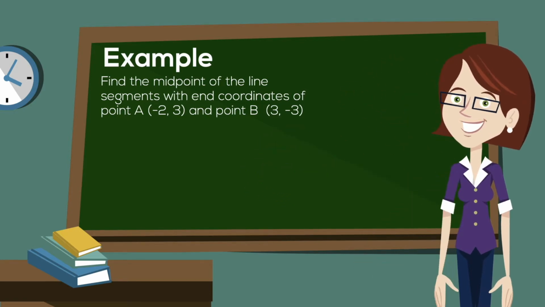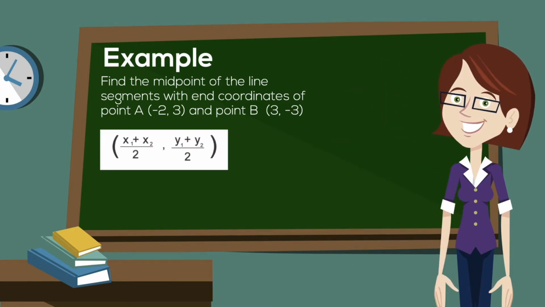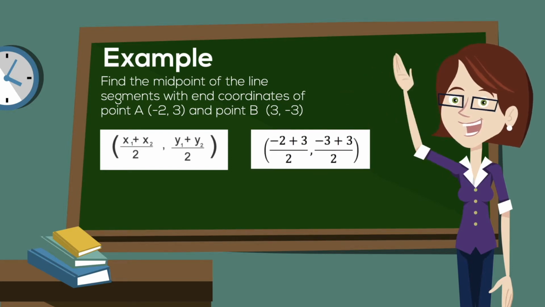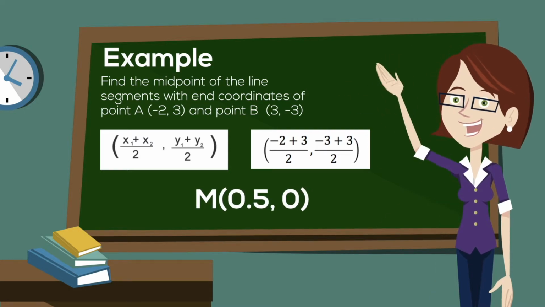Now, let's check the answer. We insert the numbers in this formula, and we get -2 plus 3 divided by 2, and 3 plus -3 divided by 2, so we get (1/2, 0), which is the midpoint of these two coordinates.